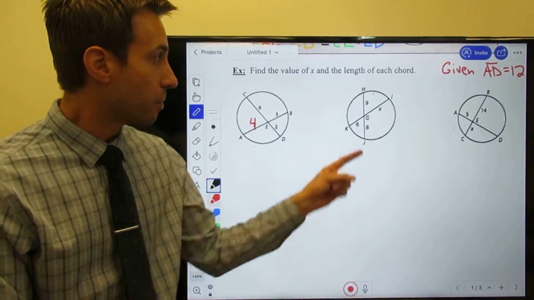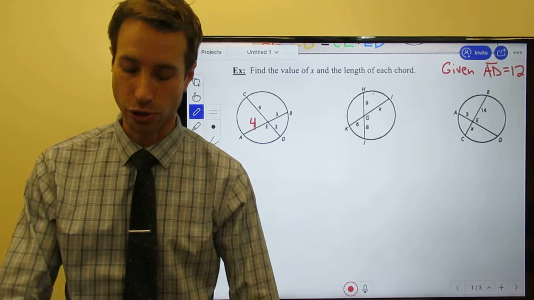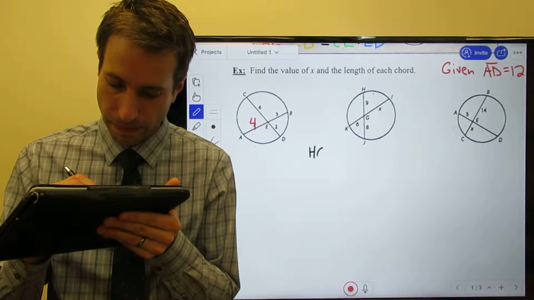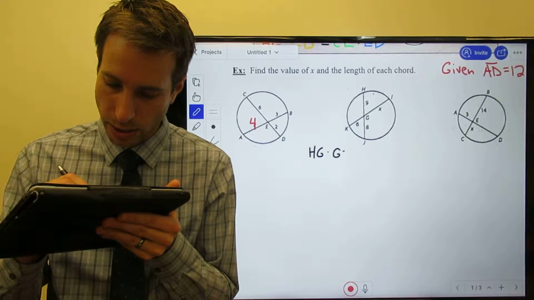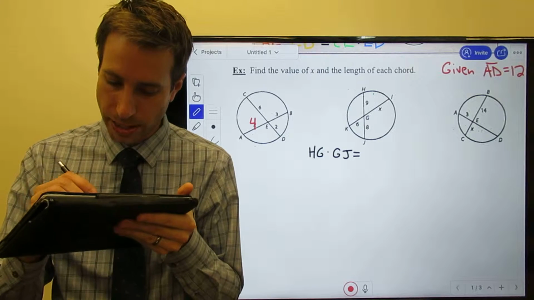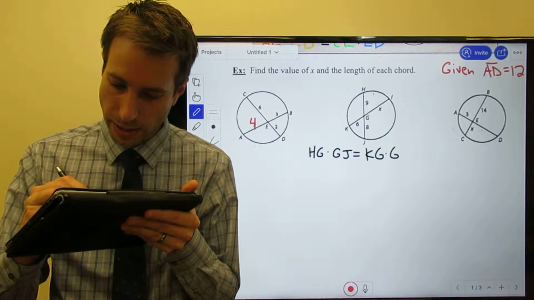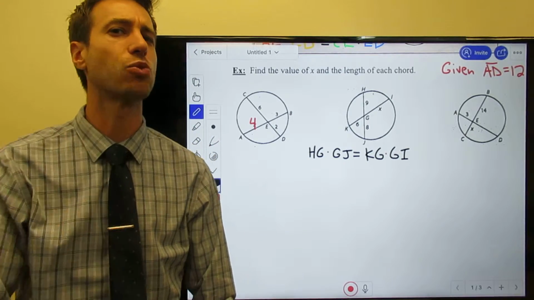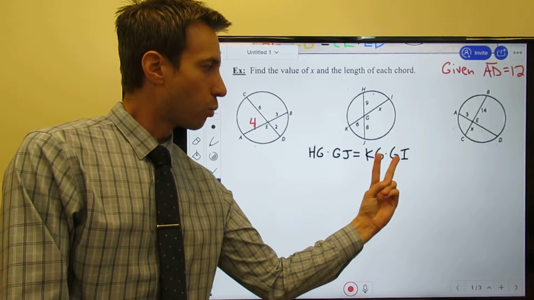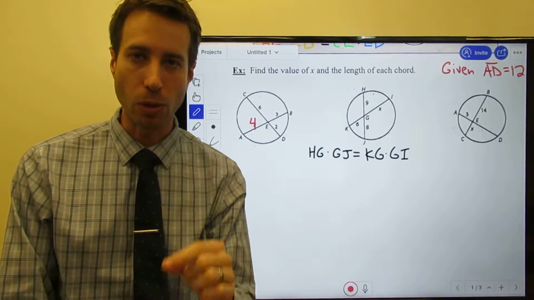On to the next one. Please notice I have two chords. They intersect at G. This one works just like the last one. So HG times GJ has to be equal to KG times GI. At this point, it is really important to point out that it does not matter which order you write these segments in.